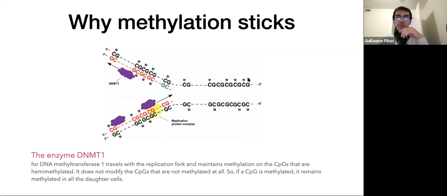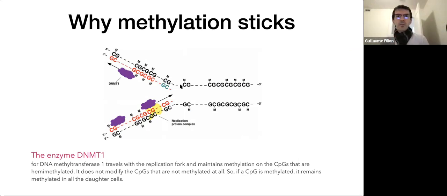And so as soon as you have replicated the DNA, you have a CG here on the mother strand, which is methylated, but on the daughter strand, CG is a palindrome, so that's also CG if you read it from the other direction. From 5' to 3', you've got 5' CG 3', and on the daughter strand it is 5' CG 3'.